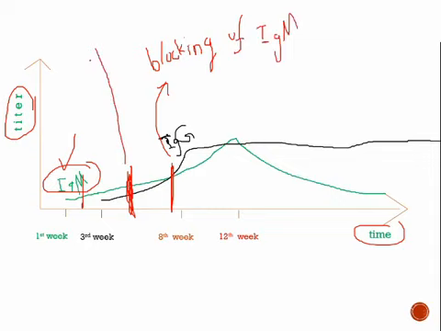At this time point, there is no visible IgM agglutination and invisible IgG agglutination.